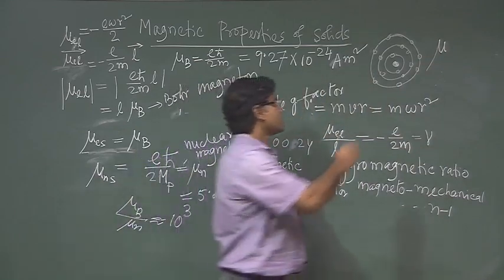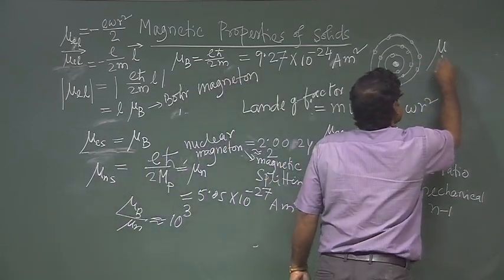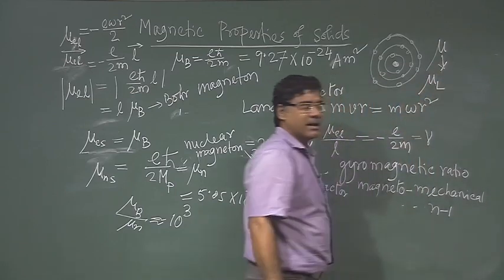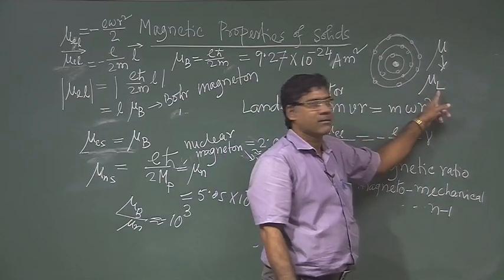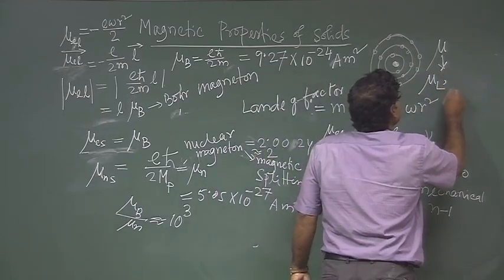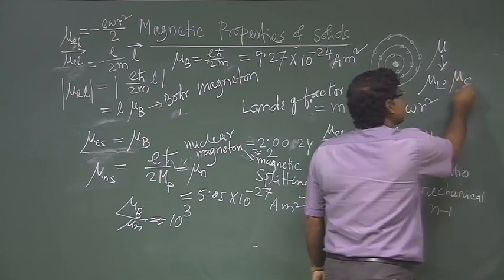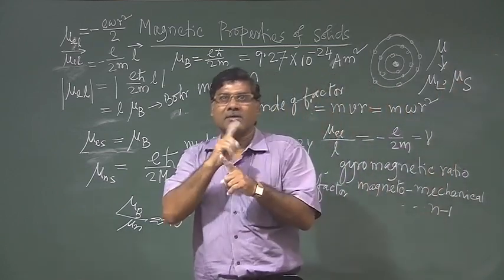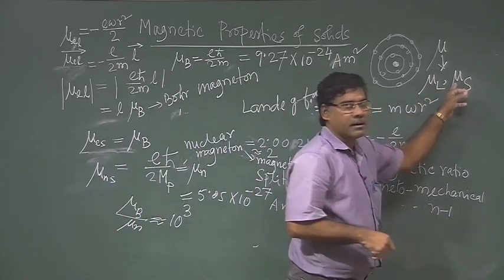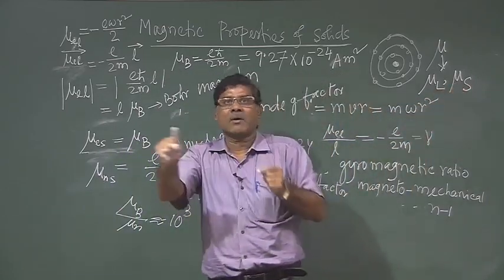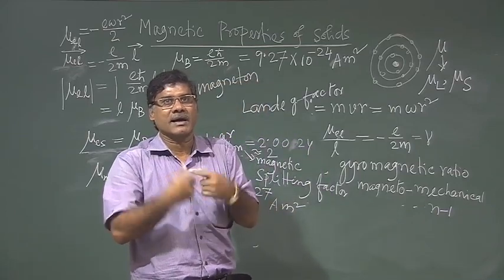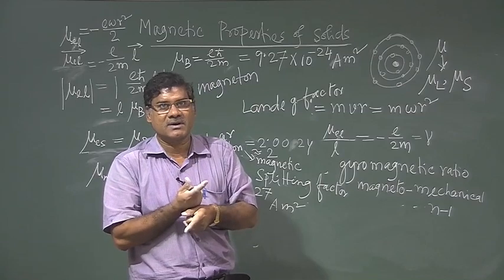It comes from mu L for the total angular momentum of all electrons, and from mu S, because each electron has its own. I cannot take a simple sum of them because they are vectors and have direction, so I cannot sum magnitudes.